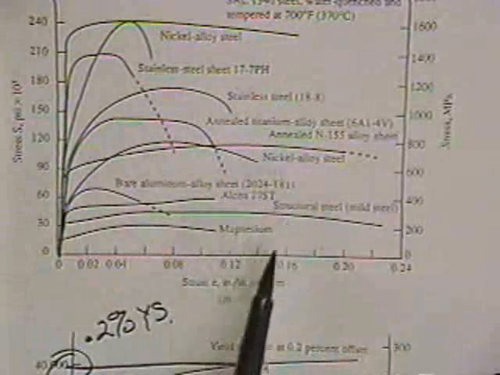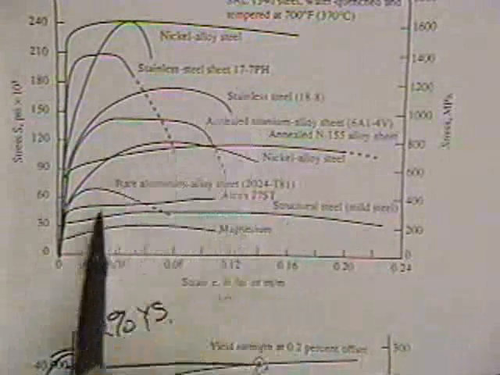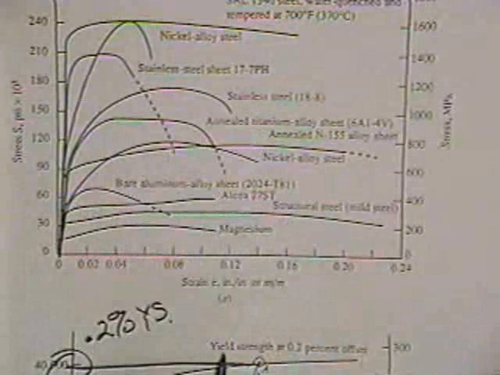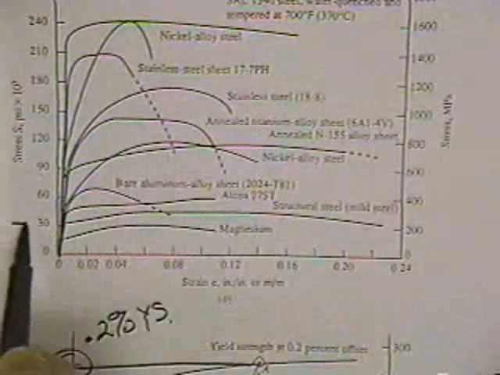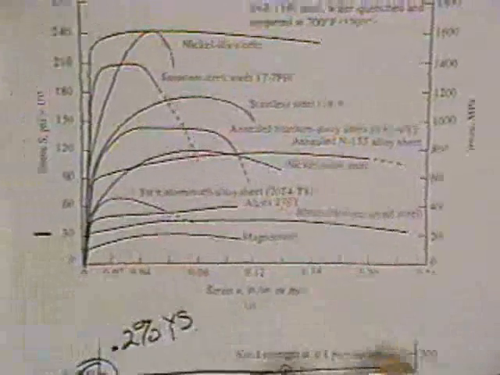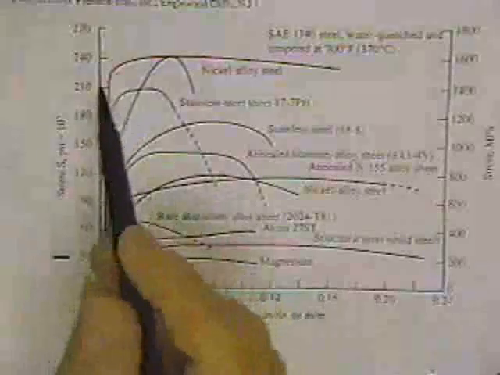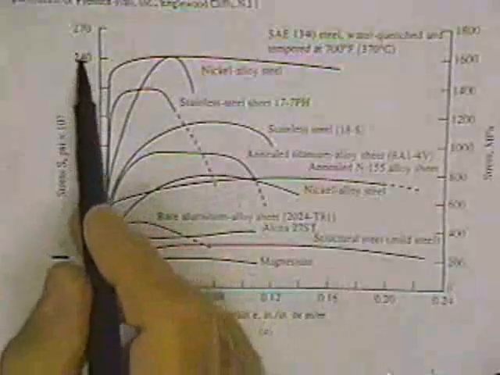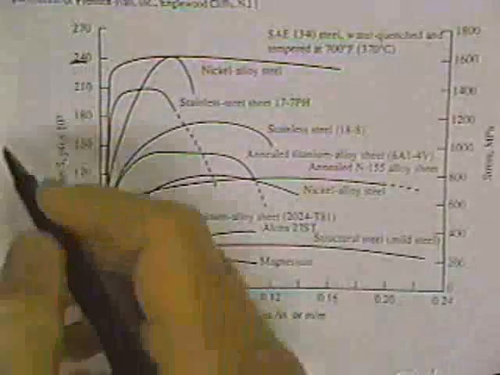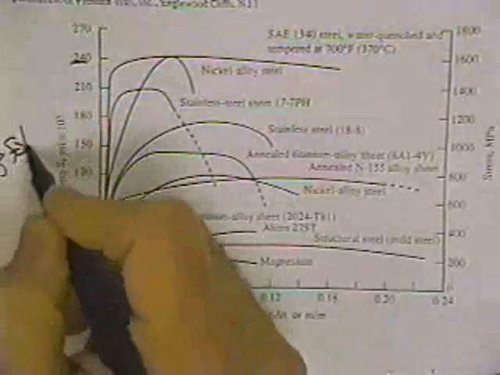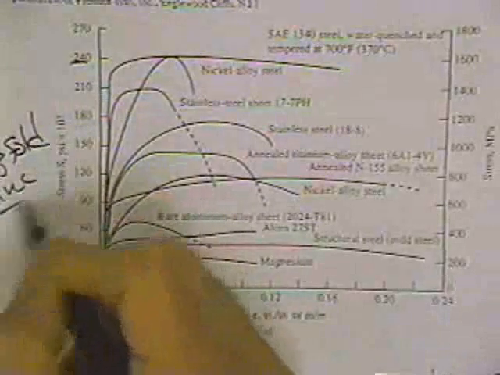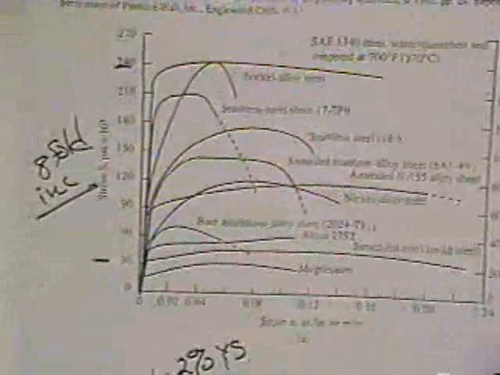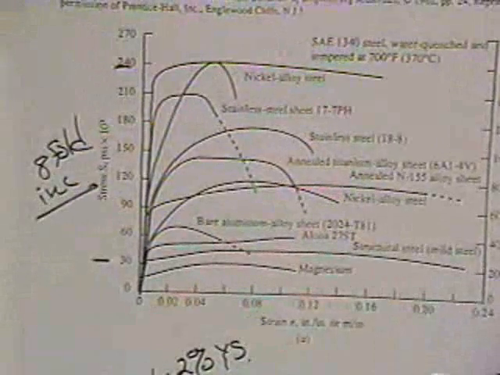If we just take a look at steel, for example, we can find that structural steel can be about 30, and if you go up to a nickel alloy steel, it can be 240, so there can be an 8-fold increase in strength by heat treatment and alloy composition.